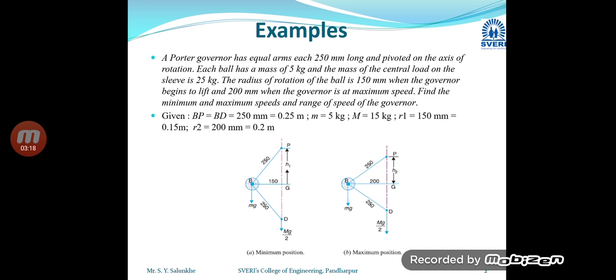Now what is given in this problem, you can see in the diagram. The arm length is given, and the arm lengths are equal. We can name the point B and point P, where the arms intersect with each other. It is already mentioned in the problem that the arms intersect on the center line of rotation, the spindle axis.